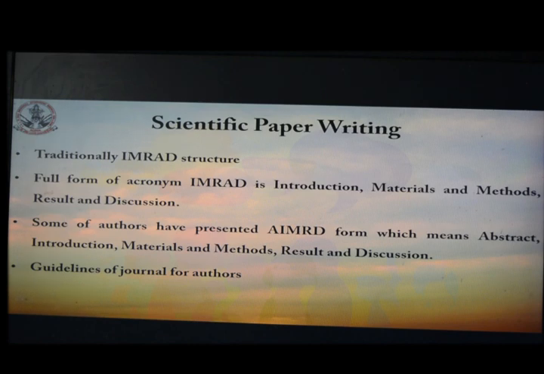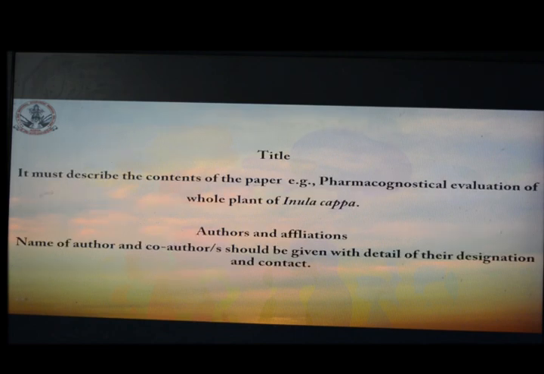Some of the points are covered, like first, the title. The title must describe the contents of the paper, like this: pharmacognostical evaluation of the whole plant of Inula cappa. So here it is Inula cappa whole plant. Pharmacognosy is present in this paper.